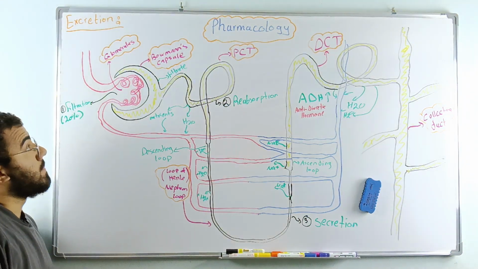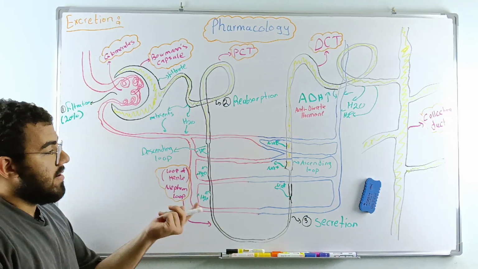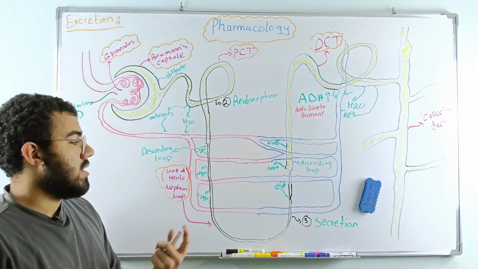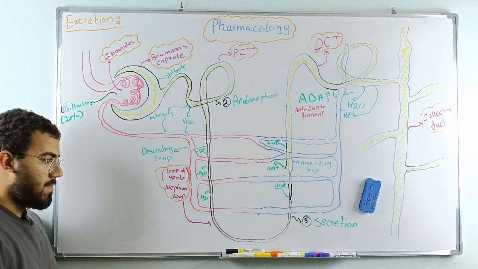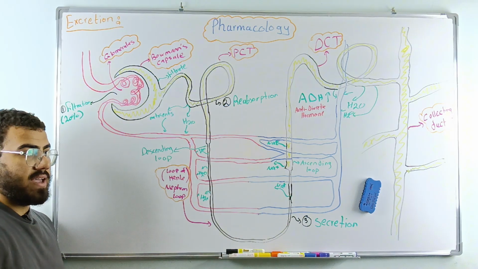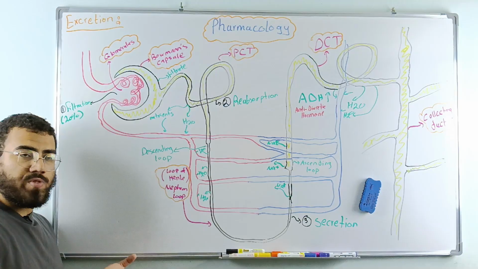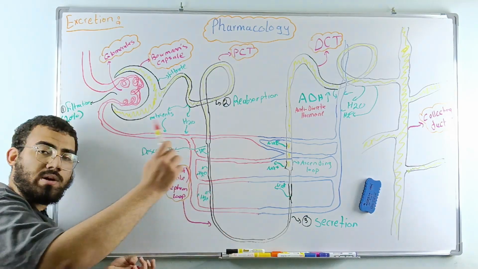All right, we've talked about filtration, talked about reabsorption, and there's a very small part left here, which is regarding the secretion part. The secretion part simply covers the substances that get secreted from the blood vessels to the tubules in order to get excreted.